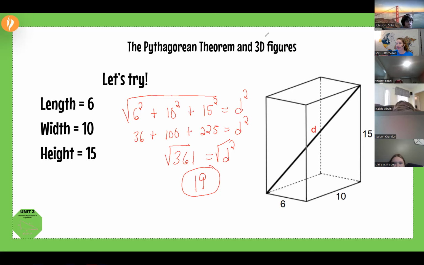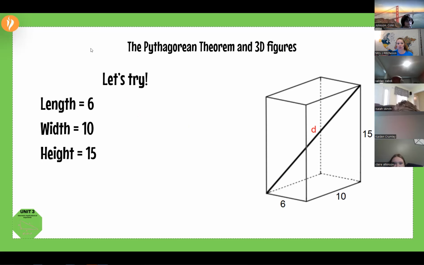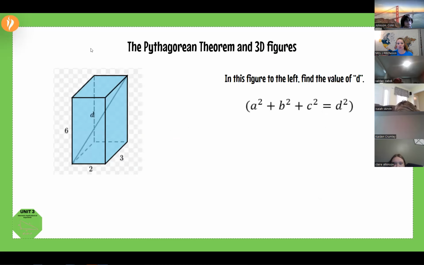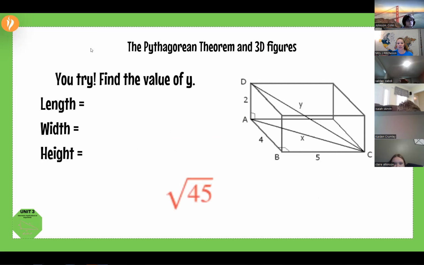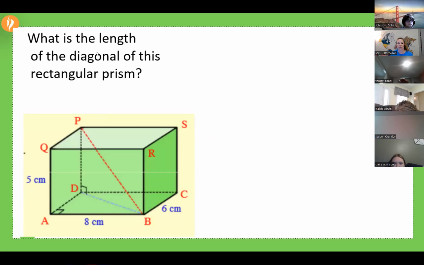Can I move on? Can you guys do one on your own? Hey, let's do this one. Once again, you're finding that diagonal across the rectangular prism. Everyone tell me what the diagonal is.